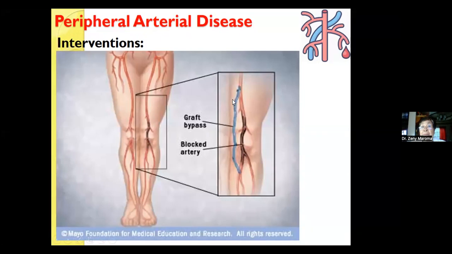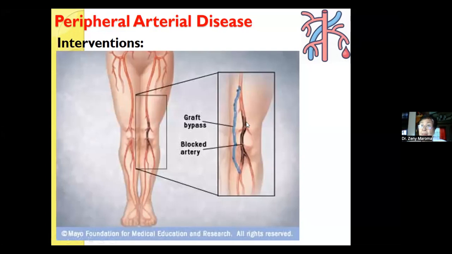Ito yung bypass graft. Pwede cephalic vein, arm basilic vein, o kaya Vortex Dacron. Kaya that is bypass grafting, femoral artery bypass grafting, or popliteal artery bypass grafting.